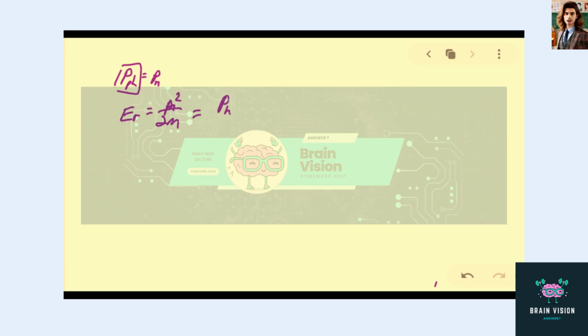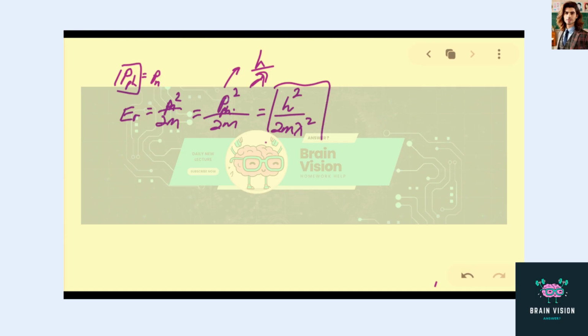So this is equal to the momentum of the photon squared over 2m, and we can replace the momentum of the photon with h over lambda. So this would be h squared over 2m lambda squared.